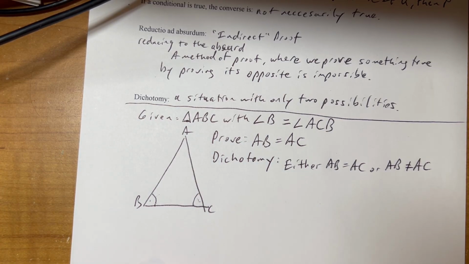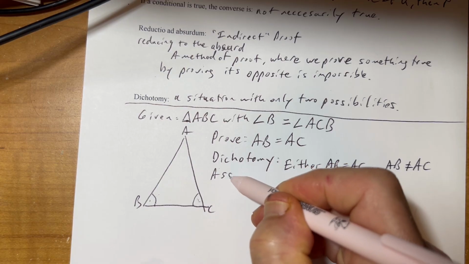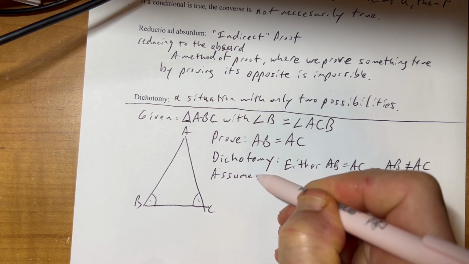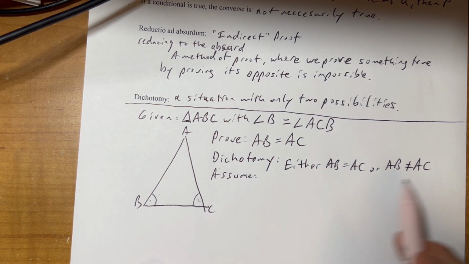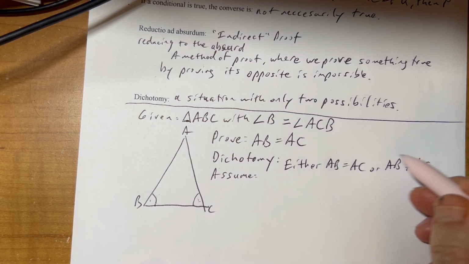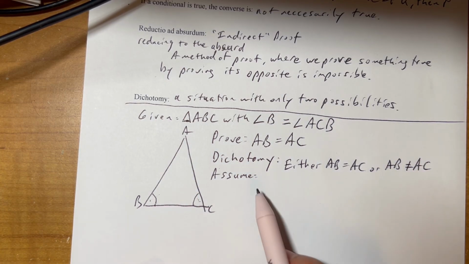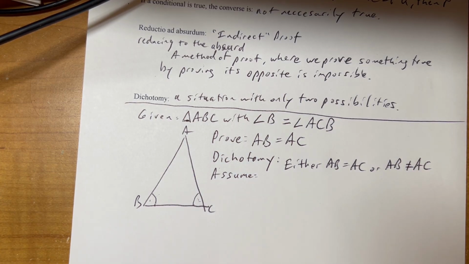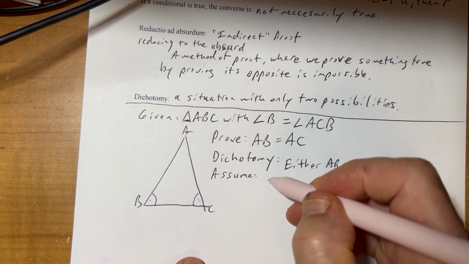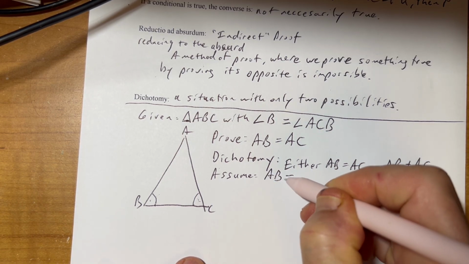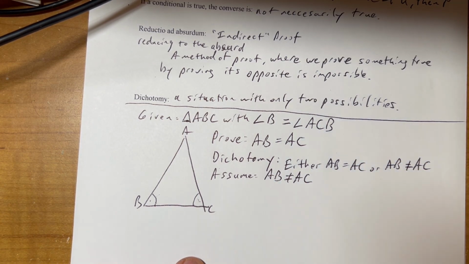All right. And so what we're going to do is we're going to assume that they're not. And then we're going to show that that's impossible, that if we assume that they're not equal, it's going to lead to a contradiction, a logical contradiction of something we already know. So we're going to assume AB does not equal AC.